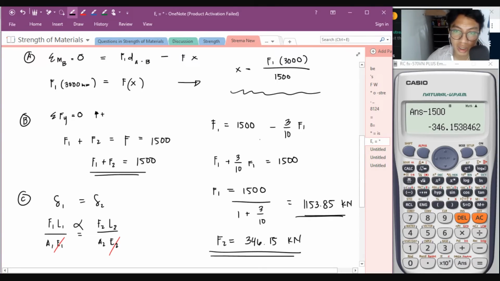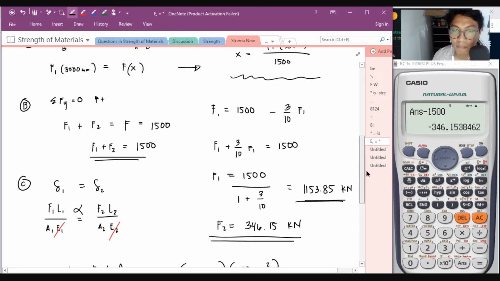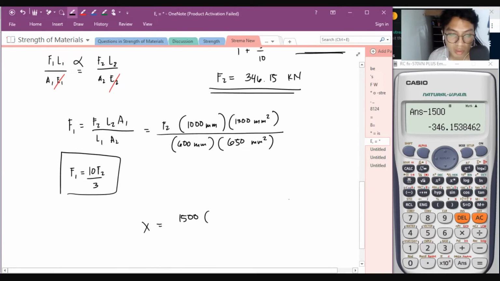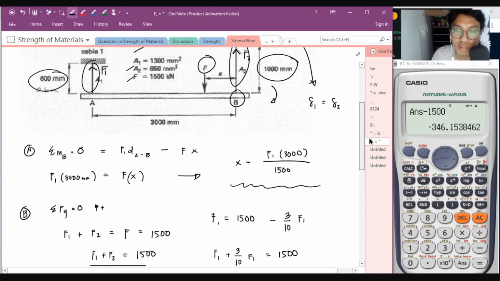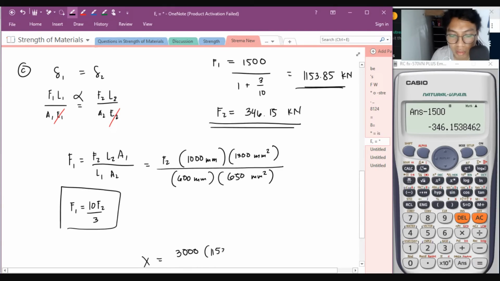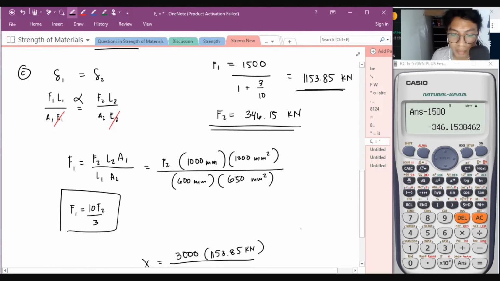Mahanap ko na ngayon si X. So, X is equal to 1,500 times F1. Hindi, F1, 3,000 pala yun. Sorry naman. 3,000, tapos F1 is 1153.85 kilonewton divided by 1.5 kilonewton.